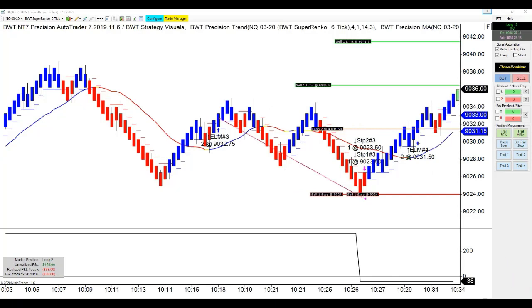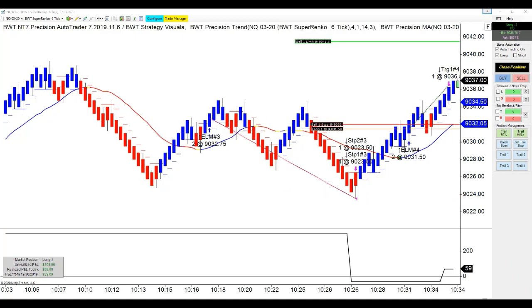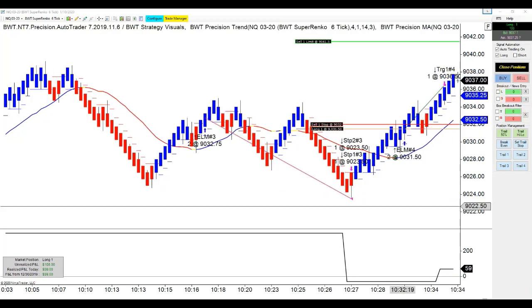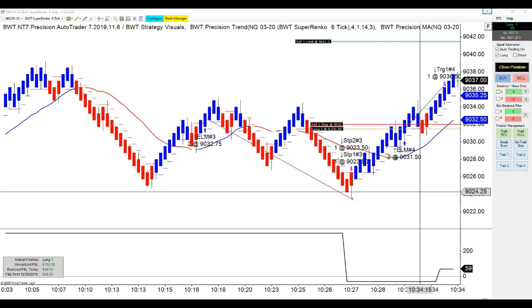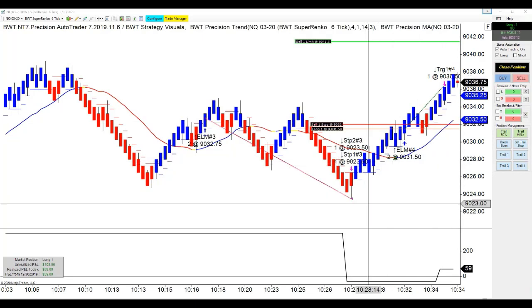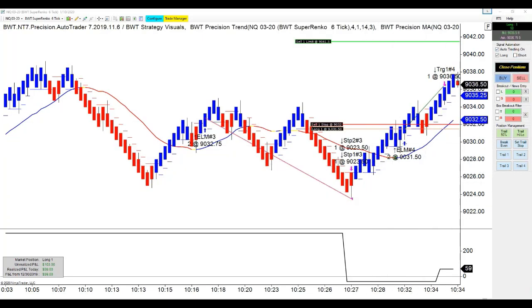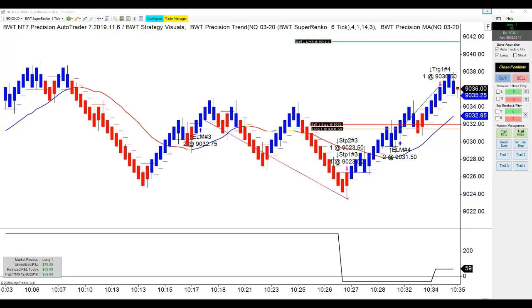Right, let's see if I can catch a break here. All right, first target is hit. Look at this, I just can't get over this. I really should get over this. Right, well, back positive here. Stop is slightly above break even.